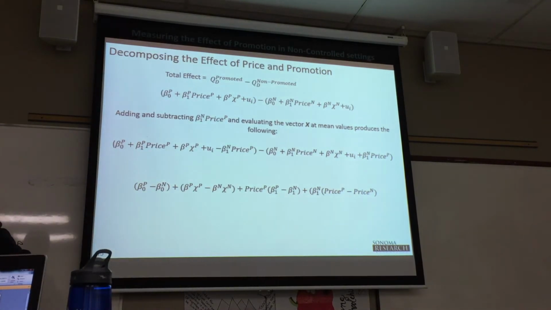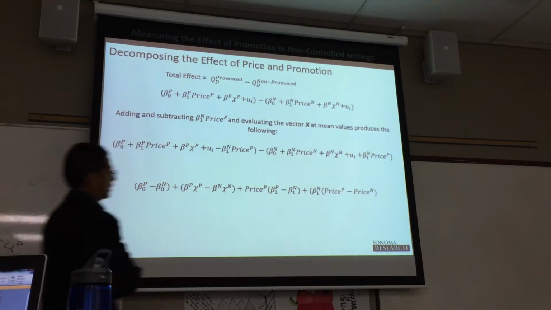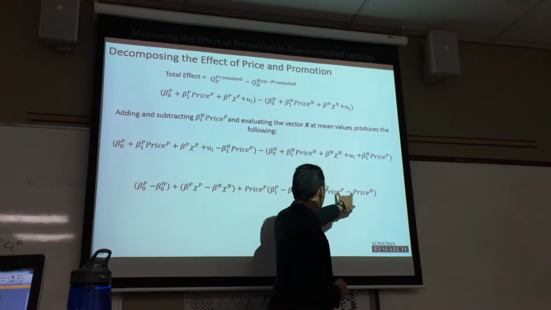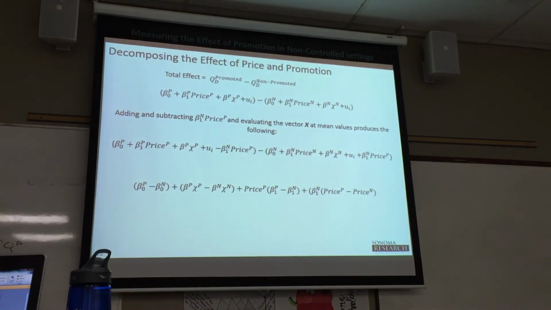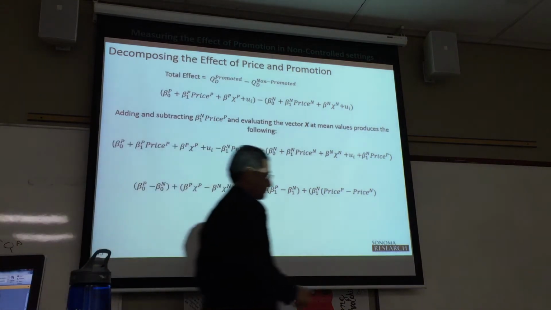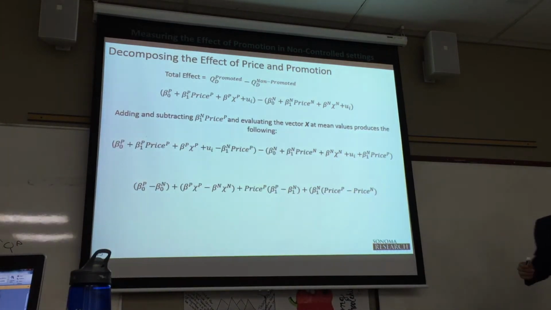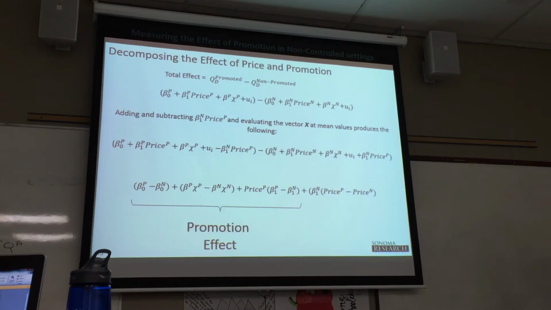And then here's the difference in prices evaluated on the promoted, non-promoted demand curve. Looks real complicated. But it turns out that that big chunk is the promotion effect, and that little chunk of the equation is the price effect.